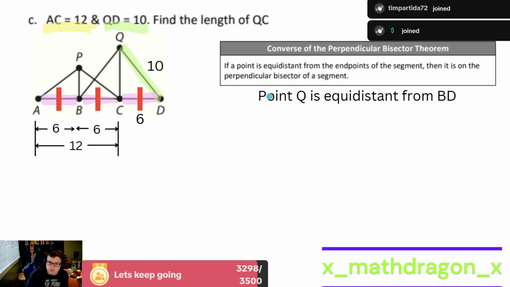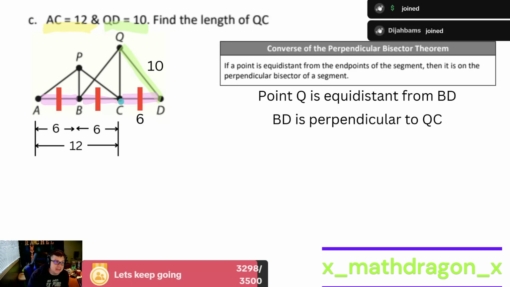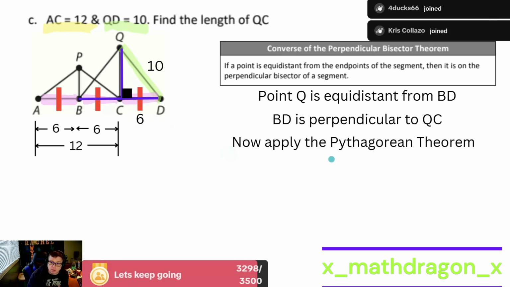So that means BD is perpendicular to QC. So I know this line is perpendicular to that line, which makes 90-degree angles. If that's the case, now we can apply the Pythagorean theorem: a squared plus b squared equals c squared, set up as 6 squared plus b squared equals 10 squared.